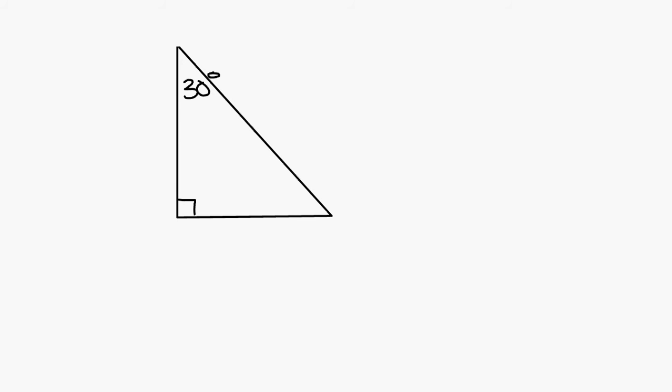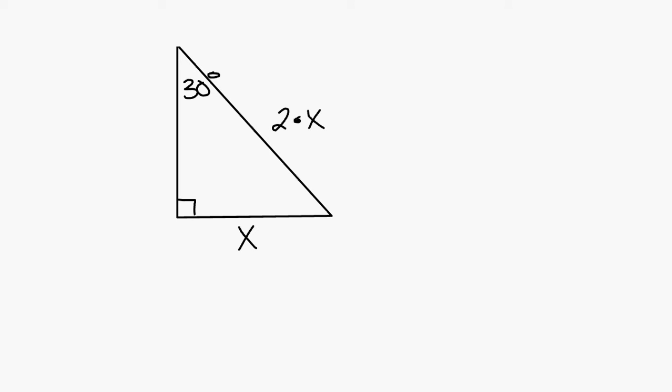The two acute angles have to sum to 90. So this is a 30, 60, 90 right triangle. The short leg is always opposite the small angle. So if this short leg is x units long, then the hypotenuse is equal to 2 times x units long.